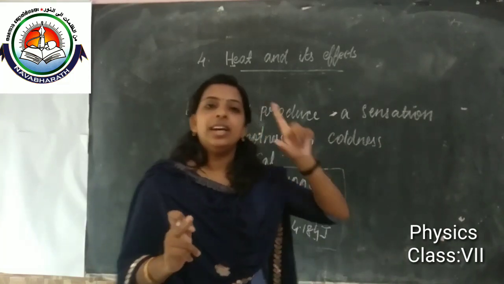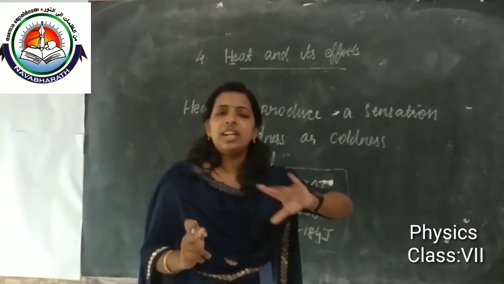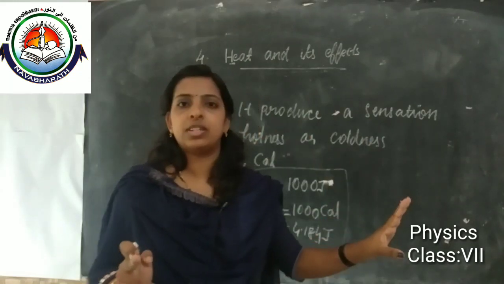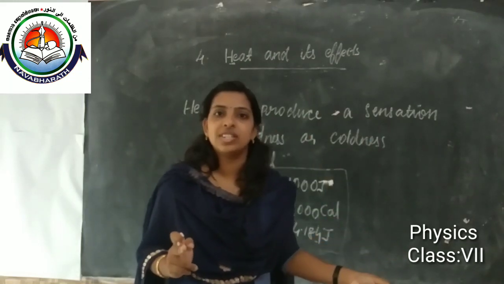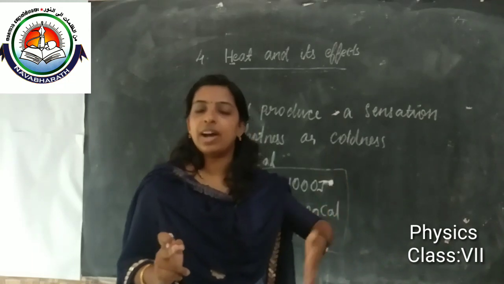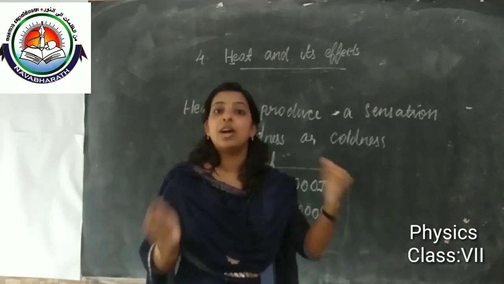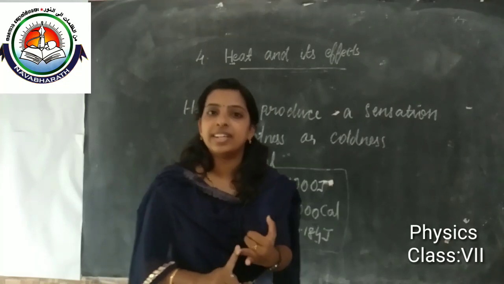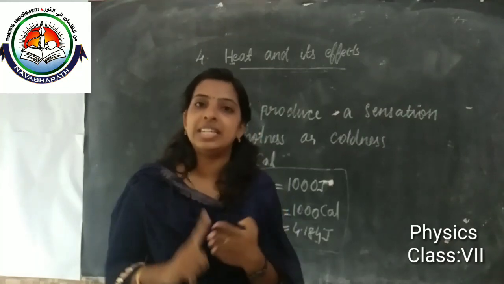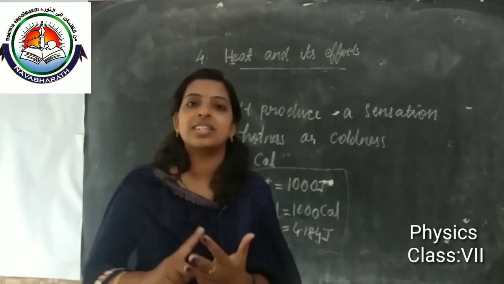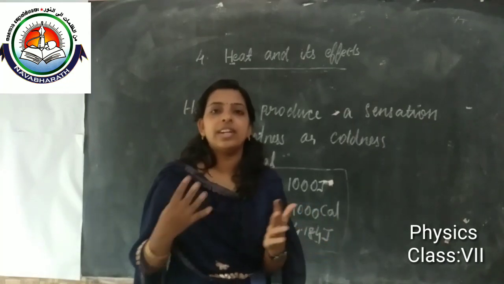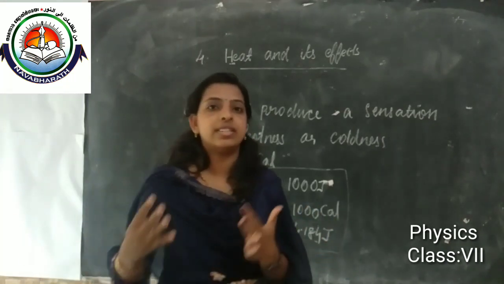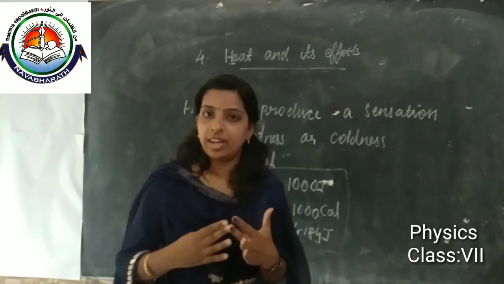And there are different types of energies, right? What are the types of energies? Energy can be divided into different types like potential energy, kinetic energy, sound energy, heat energy, light energy, electrical energy. Like these different types of energies you learnt in previous years, right?